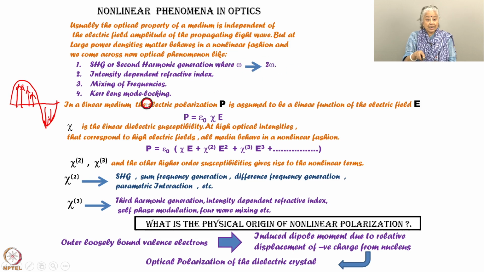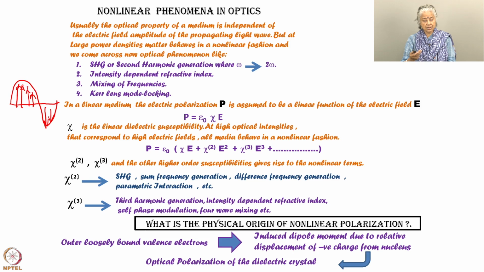Okay. Then the intensity dependent refractive index. As your intensity changes, the refractive index of the medium changes. That does not happen with normal light which we pass through an isotropic material or any material, glass or whatever, or liquid.